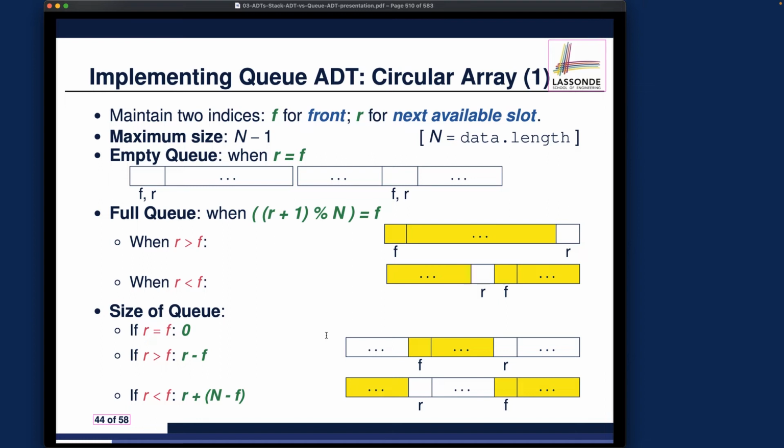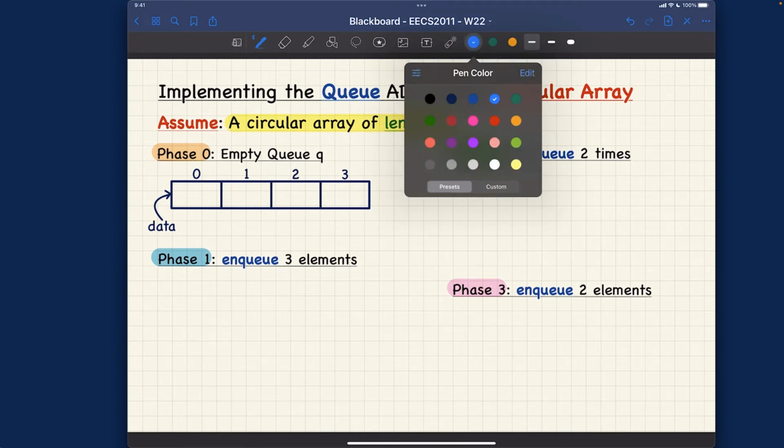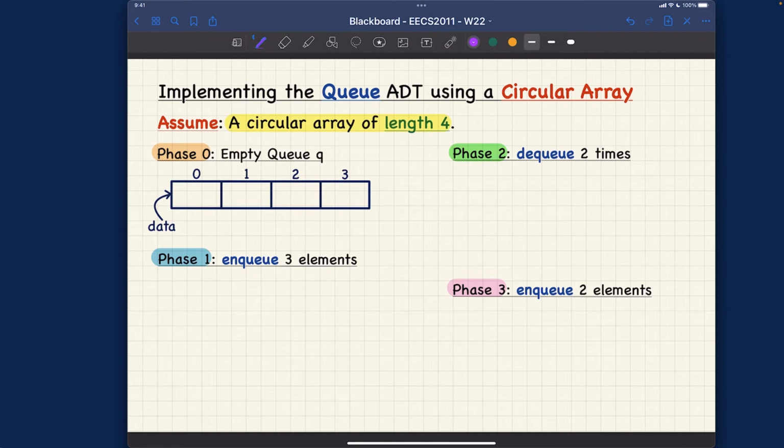But let's now go over one example together. We have a data array here. Again, it's fixed size. It's very important not to lose the big picture: when we talk about circular array, it is not dynamic in its size.